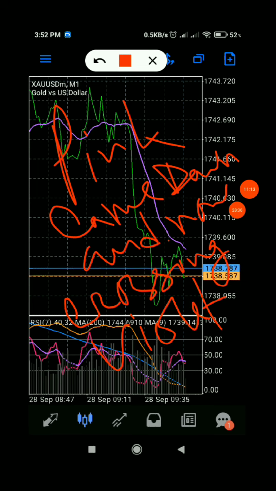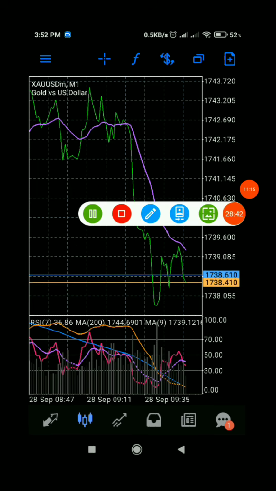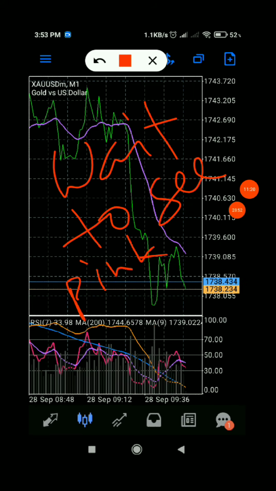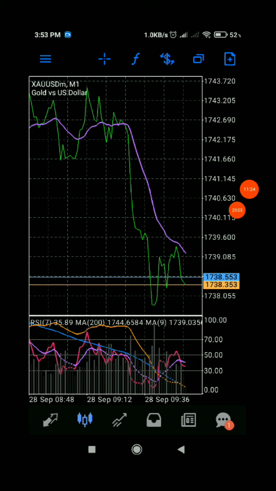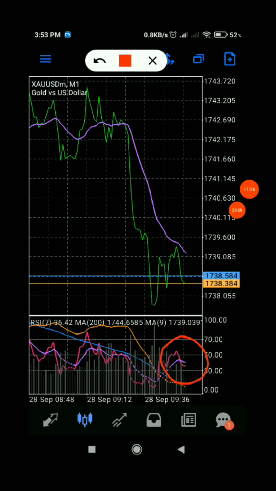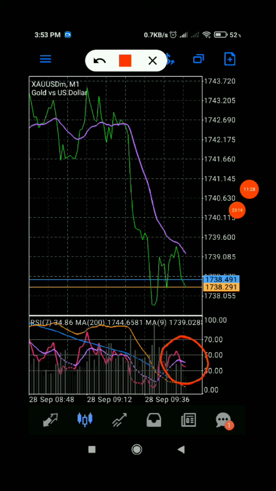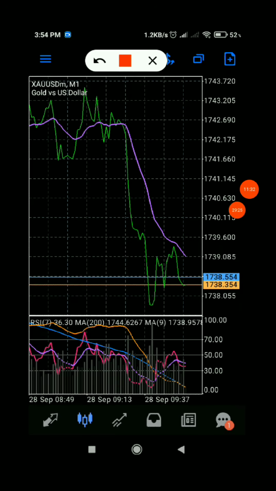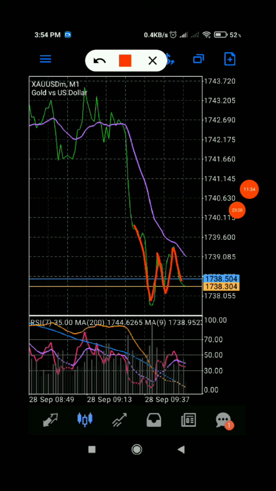Pink came down and now is crossing violet, so we can take buy entries. So we are waiting to see pink cross again, and you see pink is still not crossing from down to up.